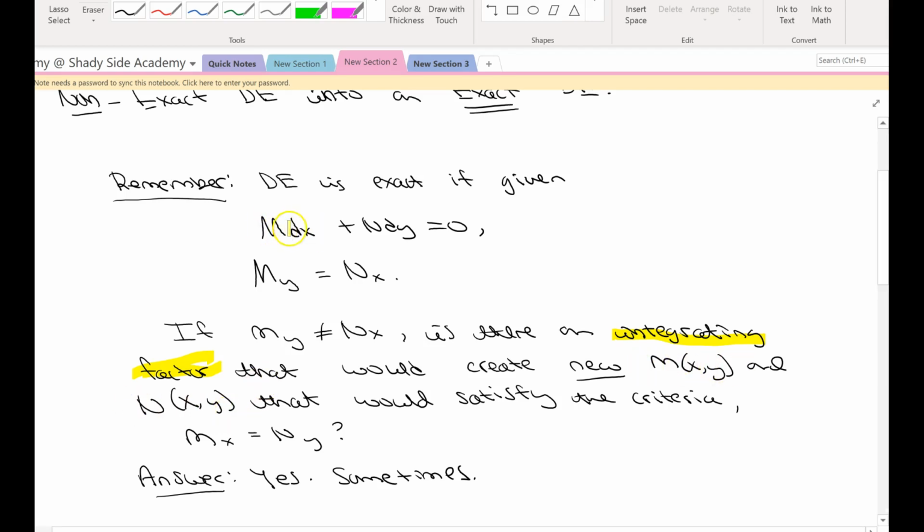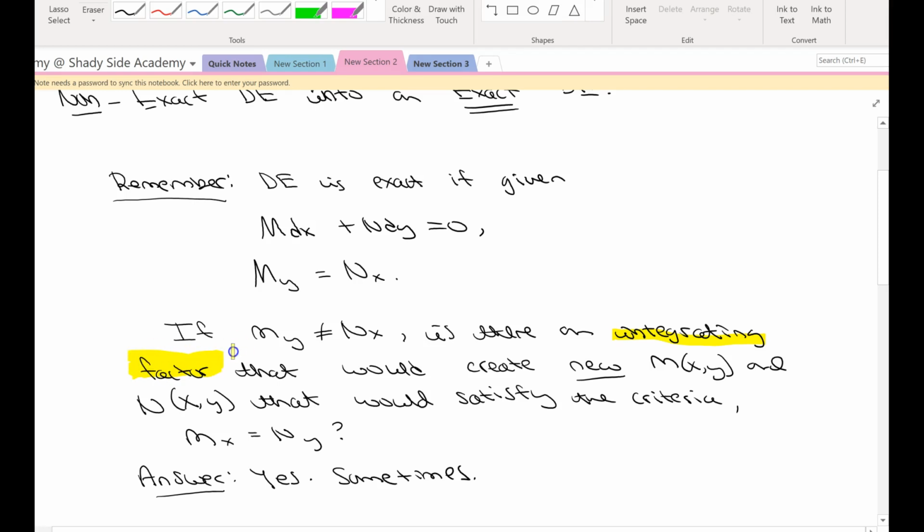Because if you multiply this diffie-q by an integrating factor, and that integrating factor is a function of x and y, then essentially you will have new M's and N's, right? But with those, is it possible to create an integrating factor such that the new function M and the new function N do satisfy the criteria for exactness? And the answer is yes, sometimes.